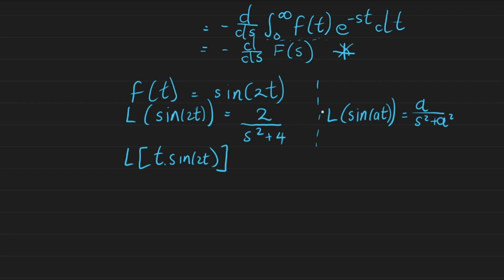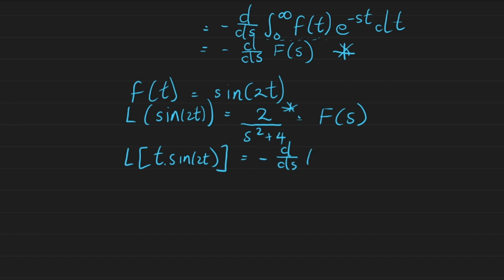This is my F of s, some function of s, which is the Laplace transform of sine 2t. So to find the Laplace transform of t times sine 2t, I just take minus d/ds of F of s.